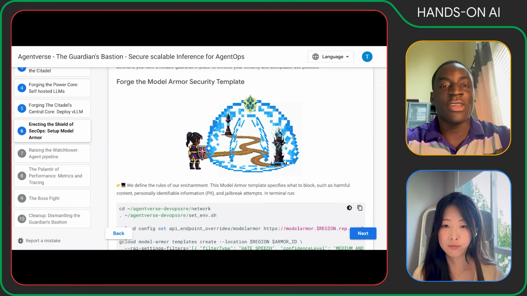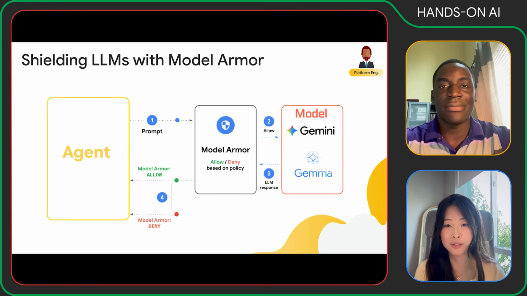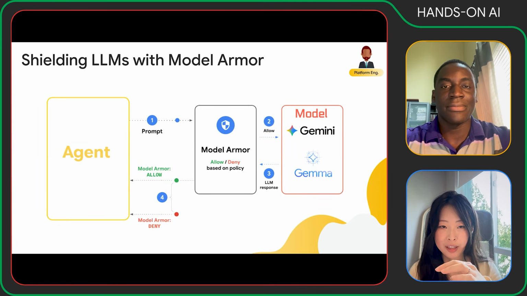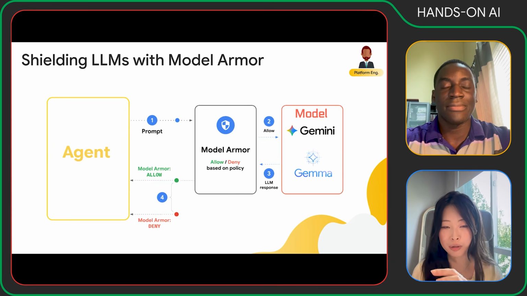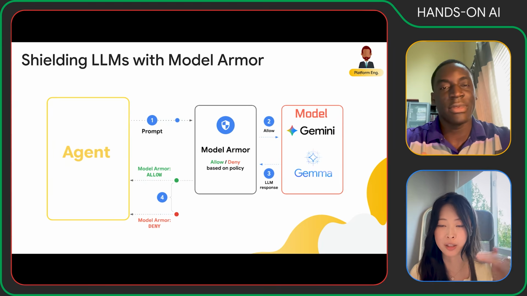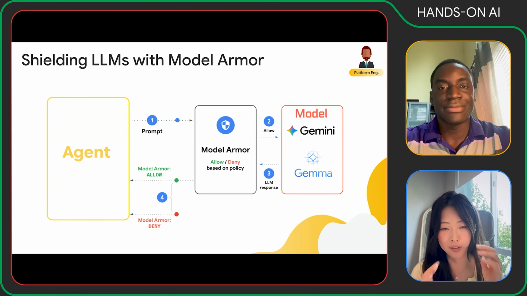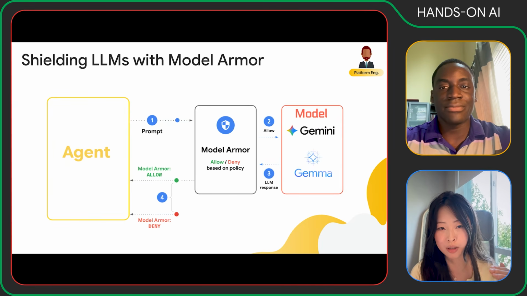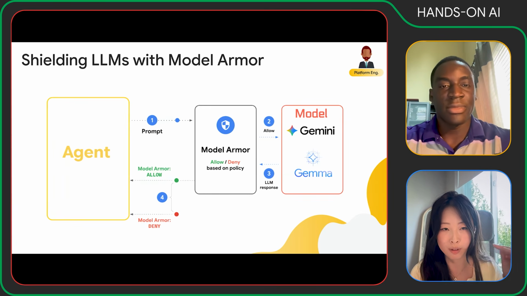We're now going to proceed with forging the Model Armor security template. We talked a little about this before, but just to give a brief overview of what Model Armor is, Annie, can you walk us through that? Sure. As you can see from this diagram, before any prompt reaches the model, for example a prompt that says show me the social security number, show me the phone number, or any prompt injection or attack, we have this policy that decides whether this prompt gets to your model level or not.